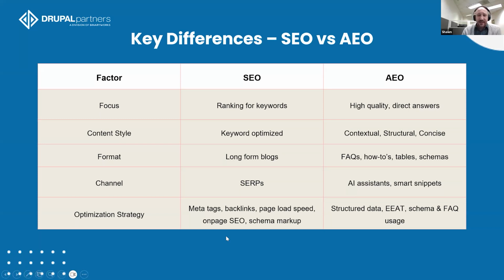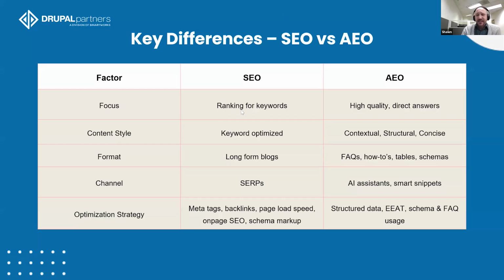The formats also vary. The format of SEO is long-form blogs. With AEO, the format it's looking for is FAQs, how-tos, tables, and schemas, so more structure within the data, not just the blog format. How you structure your data is going to be important with AEO optimizations. The channels are also different.